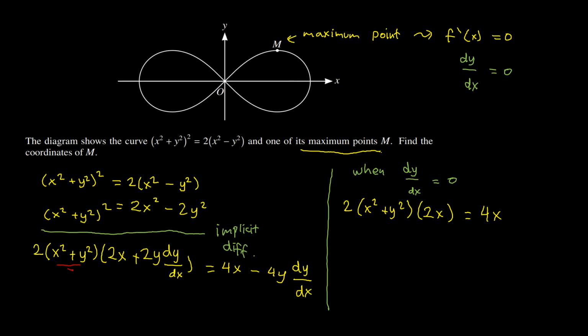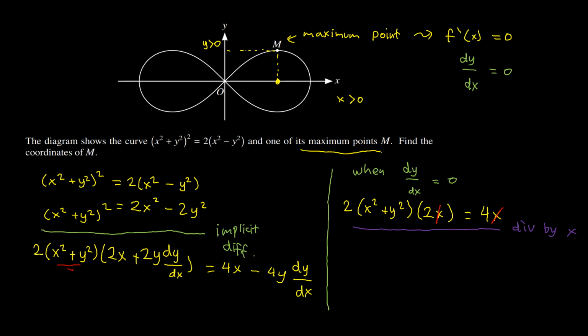Okay. And now what can we do here? So here, if we take a look at M, the x coordinate is greater than 0, and y is also greater than 0. So because x is greater than 0, we can divide both sides by x. So we can cancel out this x here and this x here.